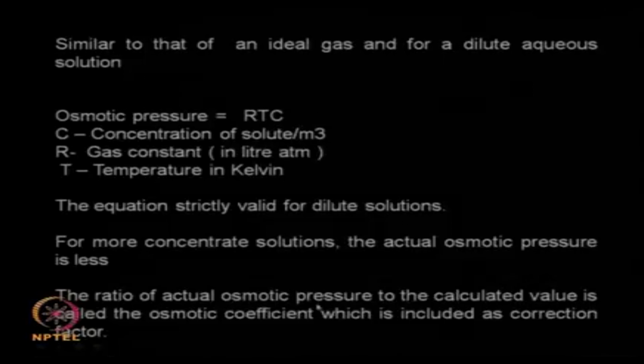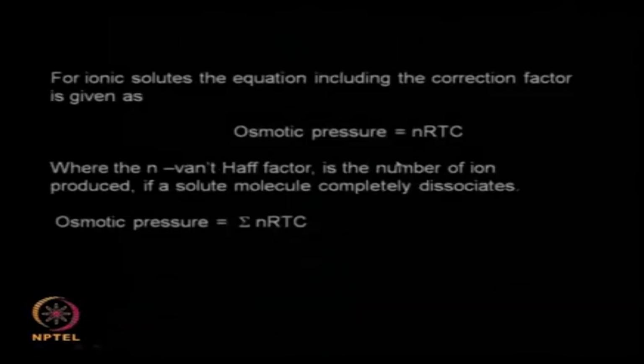The ratio of the actual osmotic pressure to the calculated value is called the osmotic coefficient, or the osmotic correction factor. If you have ionic solutes, you are going to have some dissociation taking place, so more ions may be formed starting from a single neutral molecule.